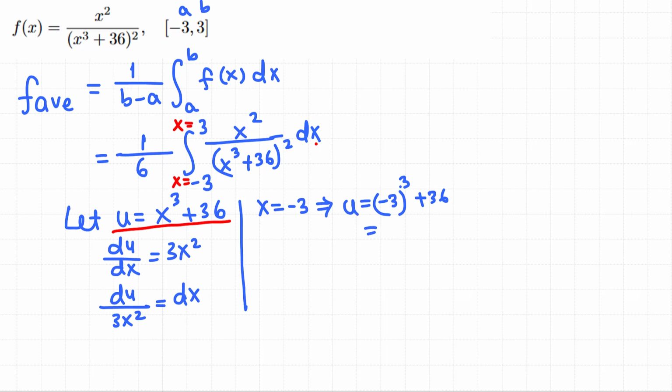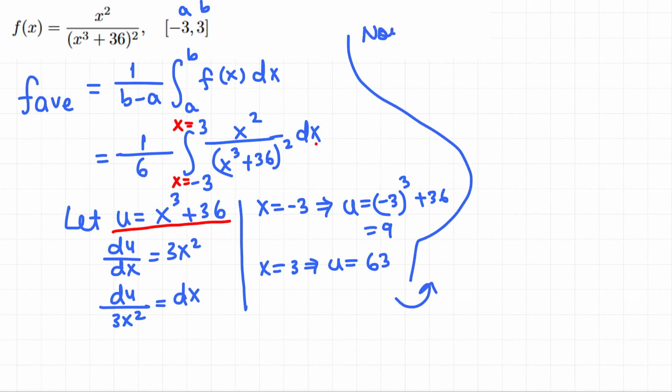That is -27 plus 36, which is 9. And when x is the upper limit 3, u will be 3 cubed, which is 27, plus 36. That's 63. So these limits, in terms of u, are 9 to 63.